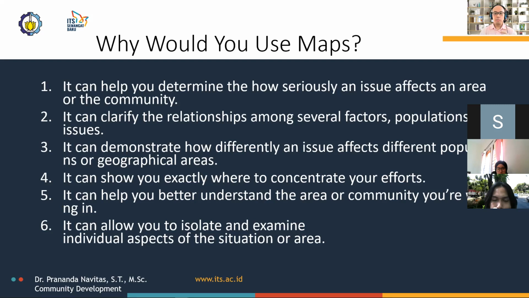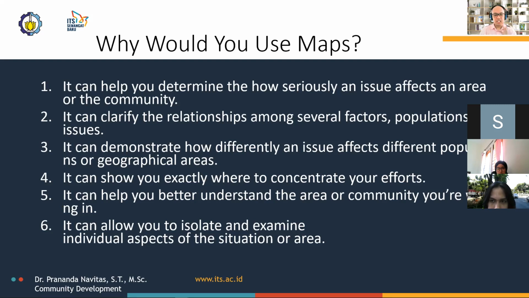Now, the ability to see all these factors together can be a very, very powerful tool for assessment and planning. 5, it can also confirm or negate impressions or unsupported assumptions about an area, giving you a clearer and more objective view upon which to base your conclusions.